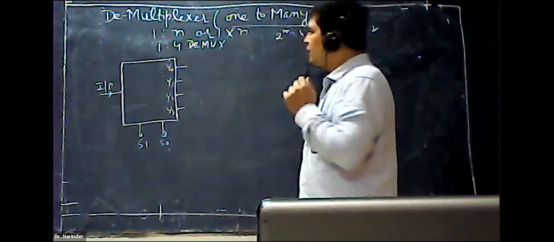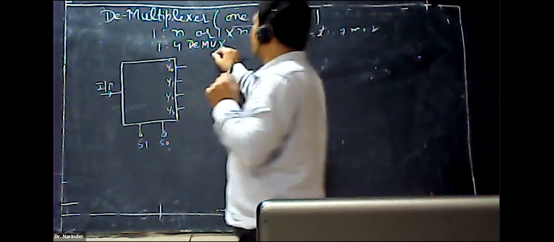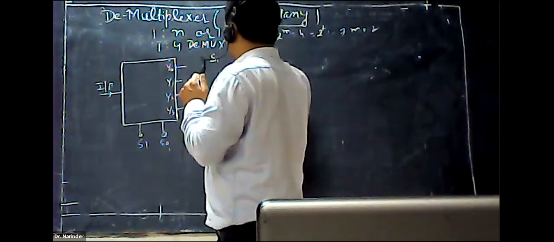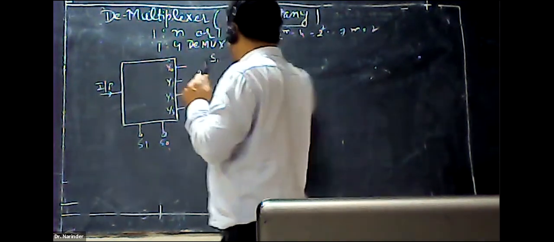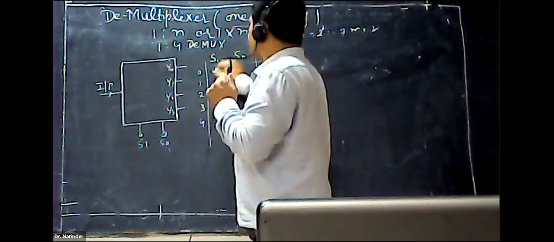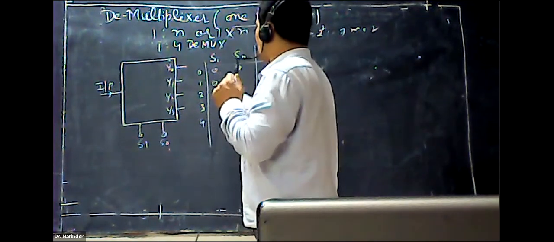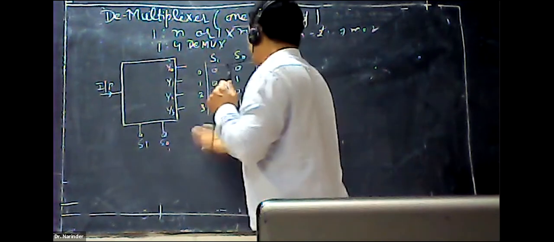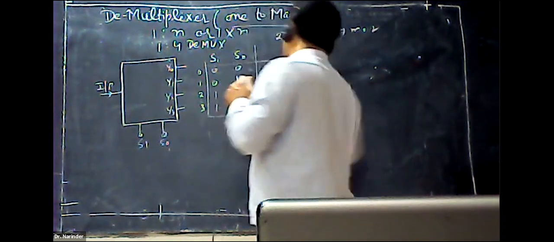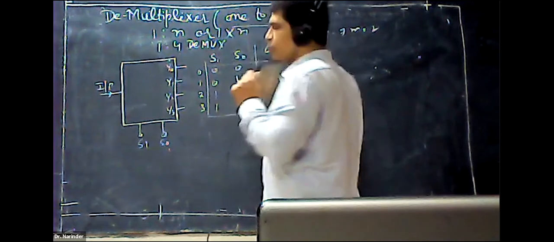Now, draw its truth table. S1, S0: 0 0, 0 1, 1 0, 1 1. It would be up to 3 only. There would be the output.